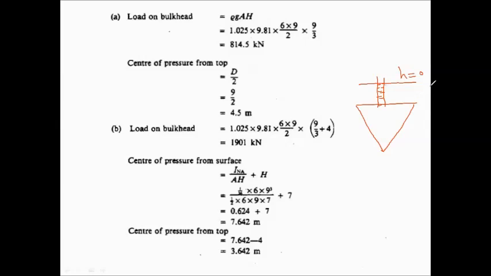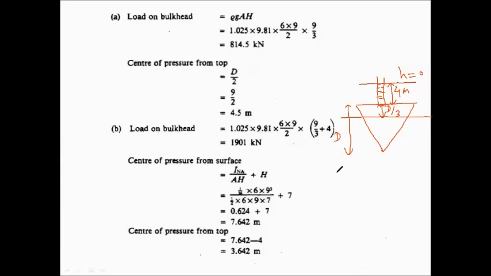The location of the centroid of the bulkhead doesn't change. It remains at the same place. So if the depth is D, then from the top of the bulkhead it will be at D by 3. And this location they have given to us, that is around 4 meter.